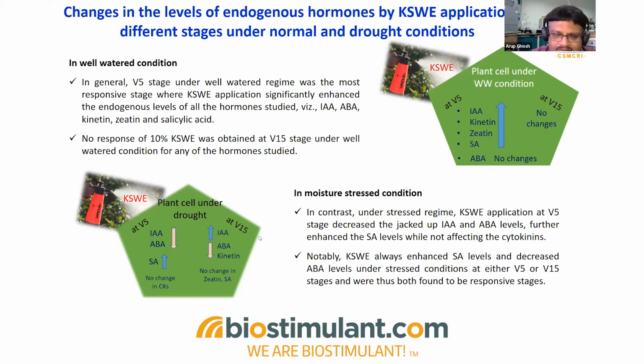For example, salicylic acid increases with application of biostimulant both under drought as well as well-watered condition. But when it comes to indole acetic acid and abscisic acid, under drought condition, Kappaphycus actually decreases them. V5 and V15 are the stages, and it also depends on the stages.